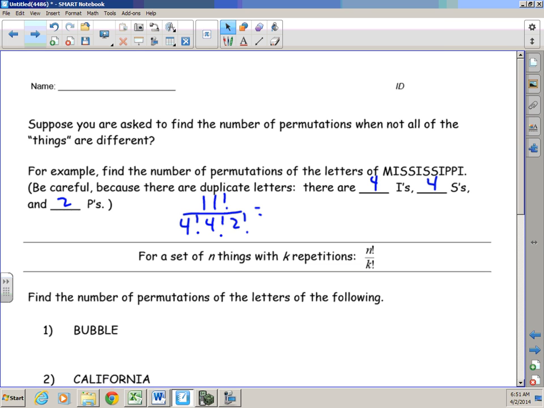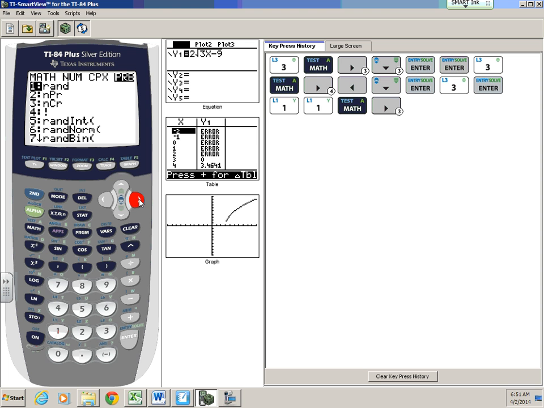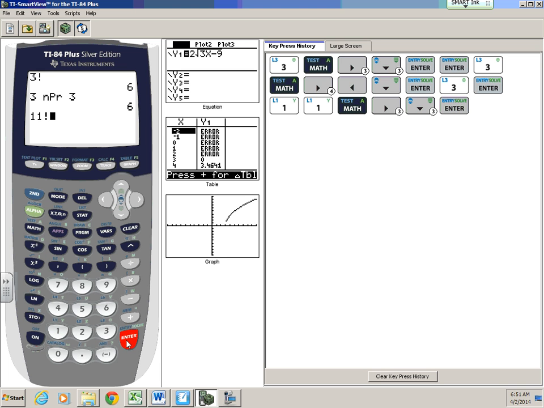Now, in your calculator, you have to be very careful with this because what you need to do is put in the 11, go to math, factorial. When you put your denominator in, you need to put it in parentheses. Otherwise, it will not do that multiplication first.